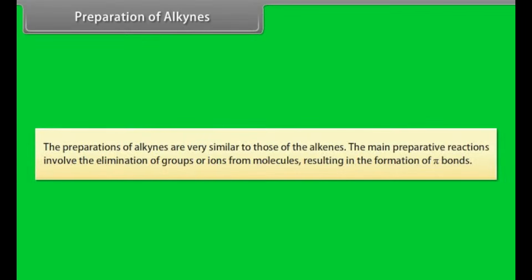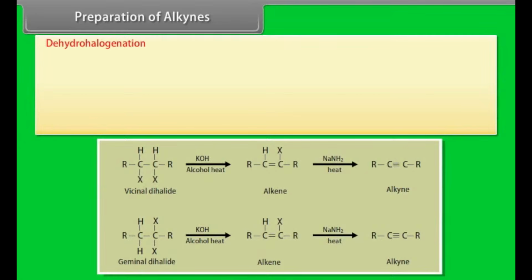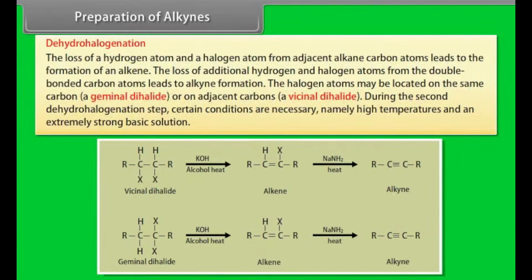Preparation of alkynes. The preparations of alkynes are very similar to those of the alkenes. The main preparative reactions involve the elimination of groups or ions from molecules, resulting in the formation of pi bonds. Dehydrohalogenation. The loss of a hydrogen atom and a halogen atom from adjacent alkane carbon atoms leads to the formation of an alkene.